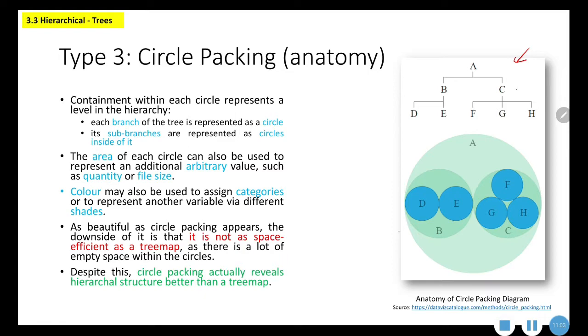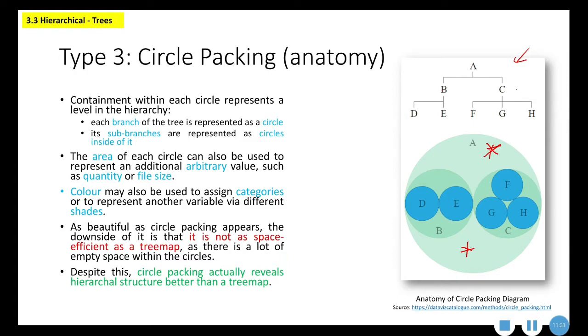As beautiful as circle packing appears, the downside of it is that it is not as space efficient as tree map, as there is a lot of empty space within the circle. So this is empty space, and we cannot maximize the area as compared to the tree map.